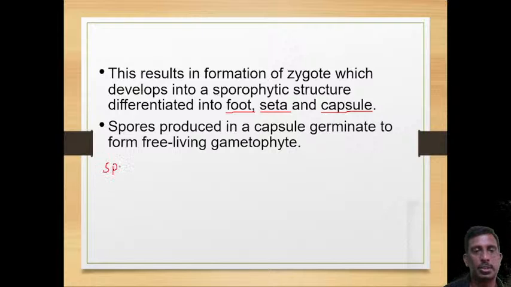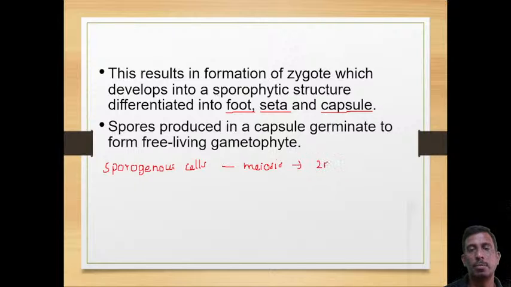sporogenous cells will undergo meiosis. So sporogenous cells के अंदर क्या होता है कि meiosis. So due to meiosis, from diploid cells, haploid spores are produced.